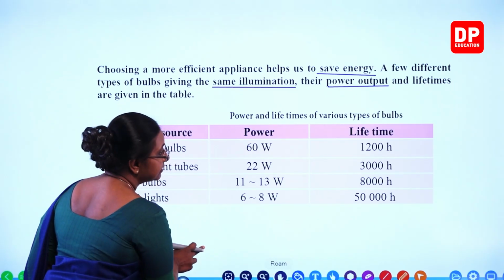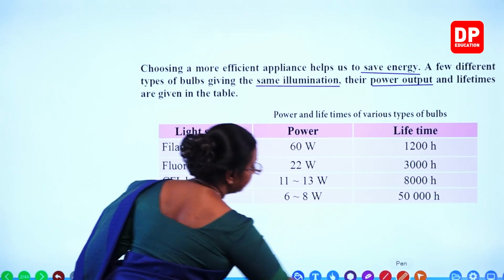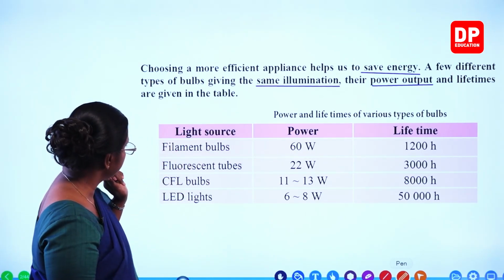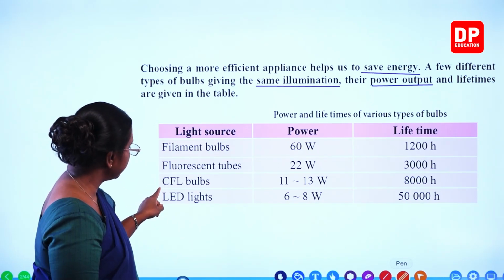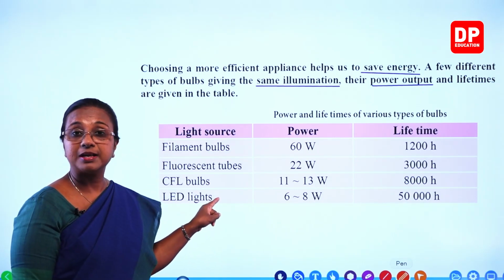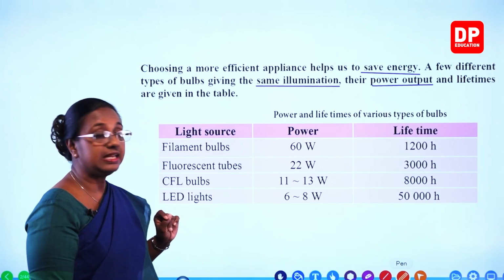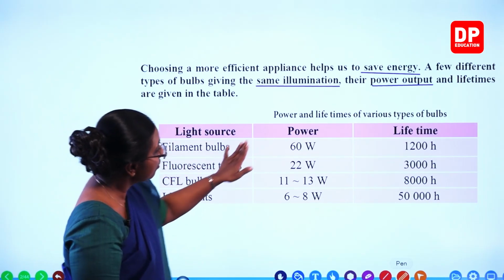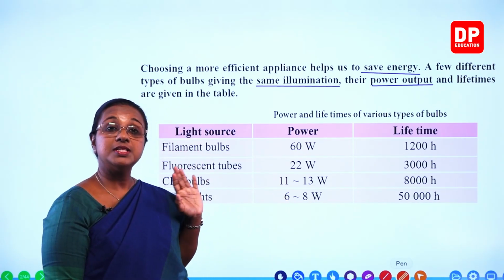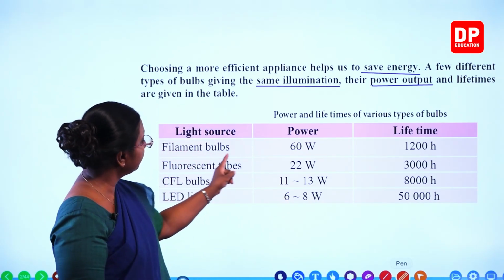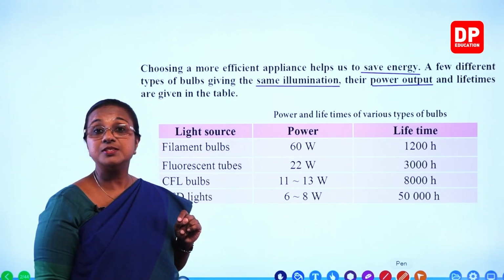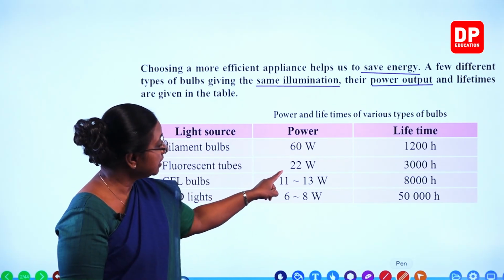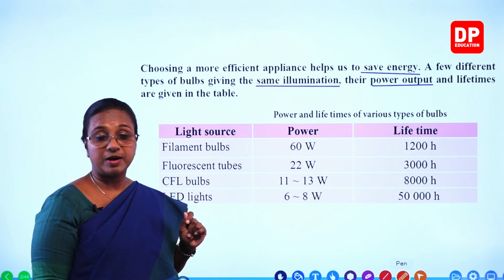So here, like I said, all the different types of light sources are given to you. The filament bulbs, fluorescent tubes, CFL bulbs, that is compact fluorescent lights, and LED, light emitting diode lights. The 4 different types. Now look at the power. For the same illumination, the filament bulb takes up 60 watts of power. Then fluorescent tubes consume 22 watts of power.